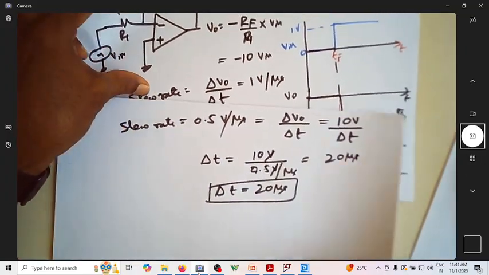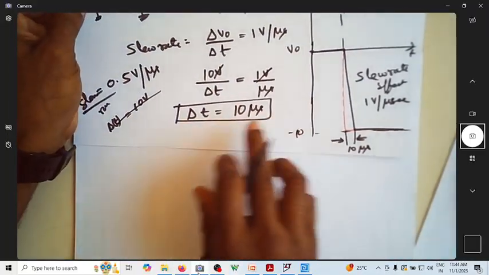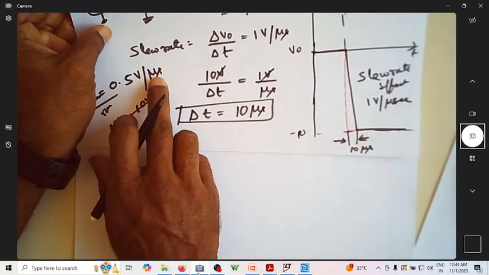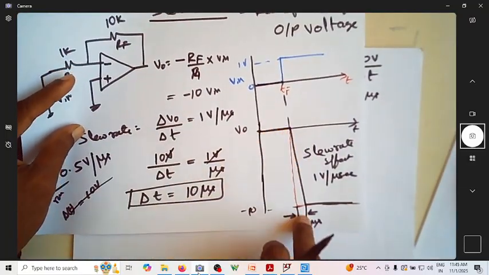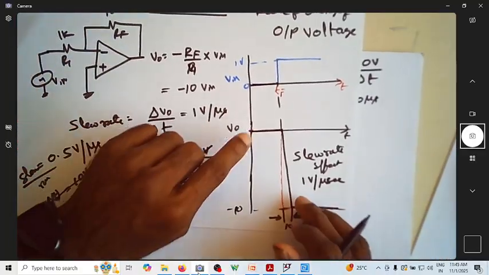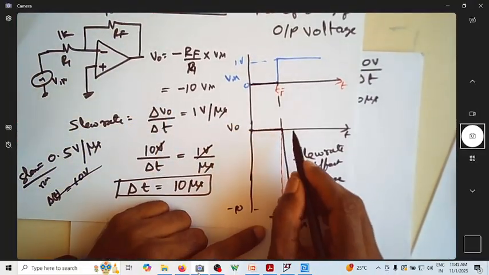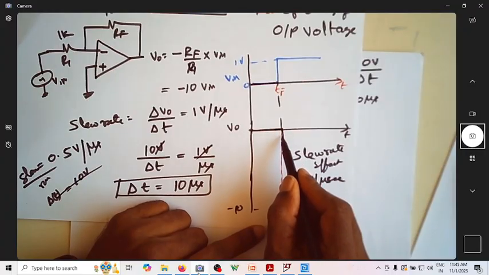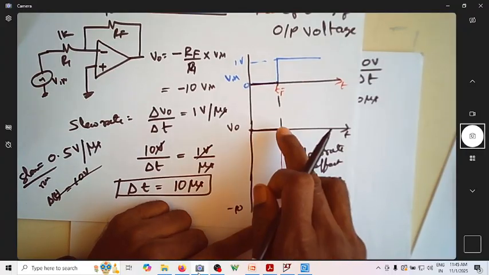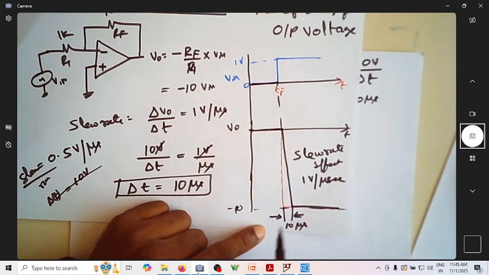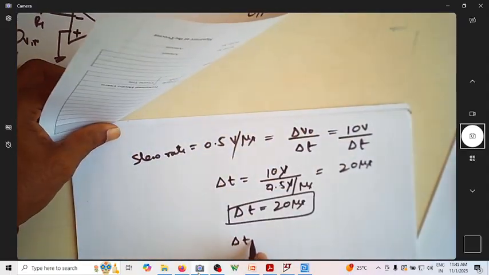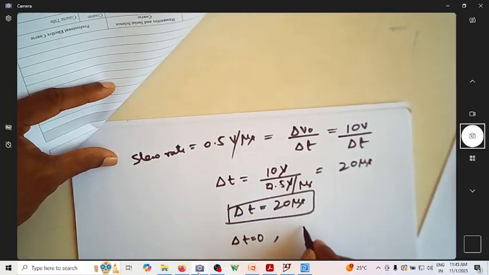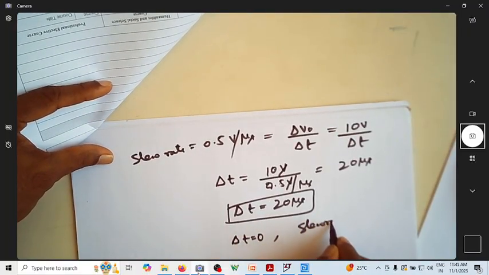So now an op-amp having a slew rate of 0.5 volt per microsecond is taking more time to change from here to here. So what should be the slew rate of an op-amp to have an immediate transition from 0 to minus 10 volt within no time? This time should be 0. Suppose delta T should be 0, then what is your slew rate?